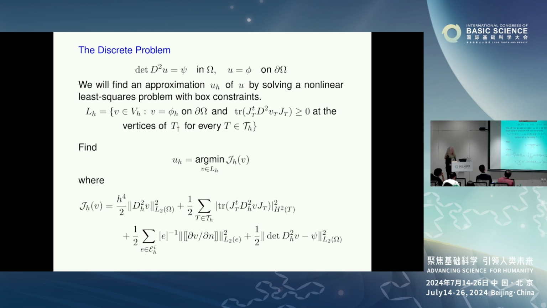We then define the approximate solution UH to be a minimizer of this cost function.